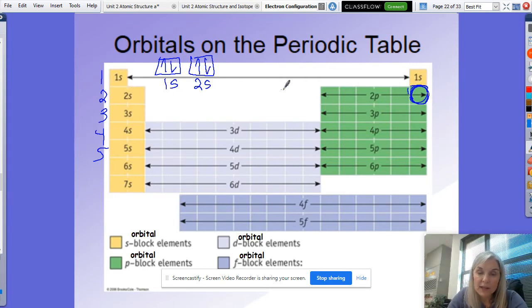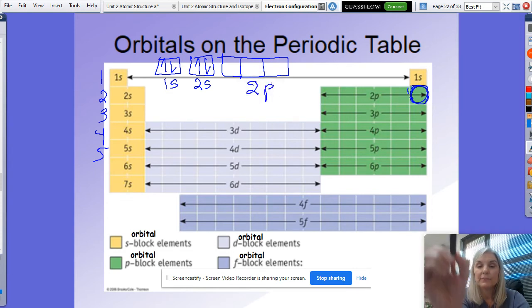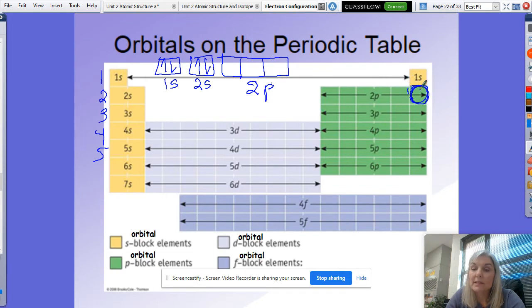I'm still on the second energy level. And so my p orbitals, you're going to have 3 boxes that represent the p orbitals. So this is 2p. So I'm going to count each box. 1, 2, 3, 4, 5, 6. So I need 6 arrows.